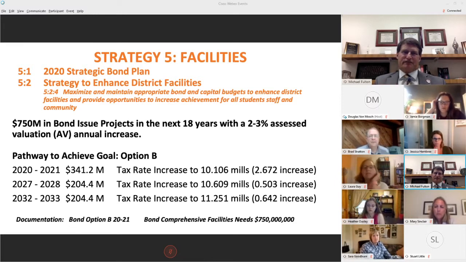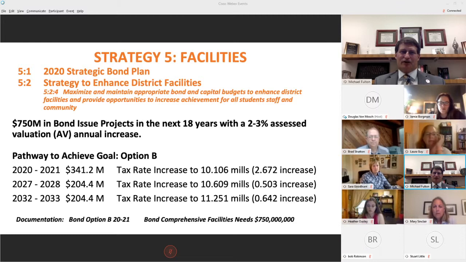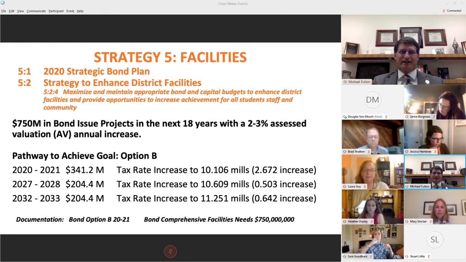Look, the challenge we face is you just can't get to all of these projects through the ongoing use of no tax rate increase bond issues, as much as we would like to continue to do that. Nor can we use up to the 25% of capital outlay budget for custodial maintenance salaries and keep up with the ongoing maintenance, repair, technology, and furniture needs without having these big ticket items replaced, repaired on a predictable replacement schedule. That's what makes all this work.